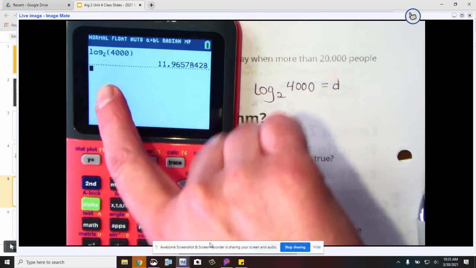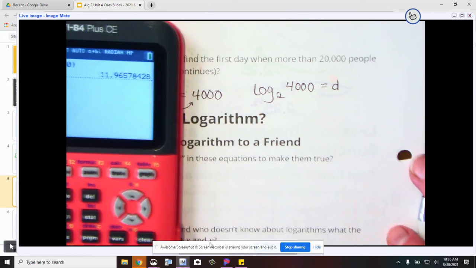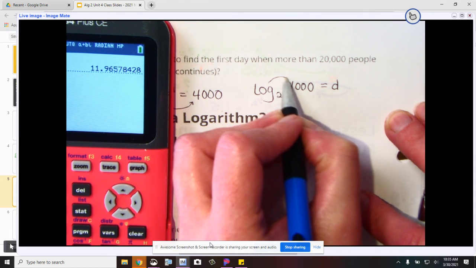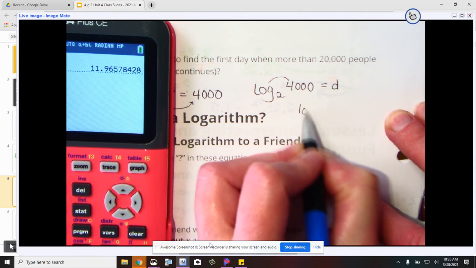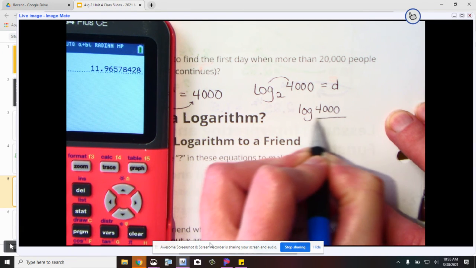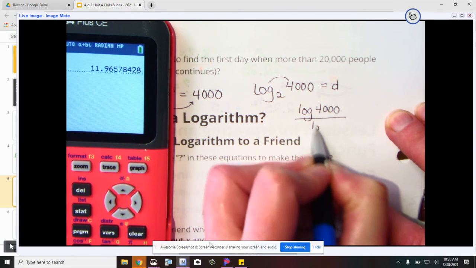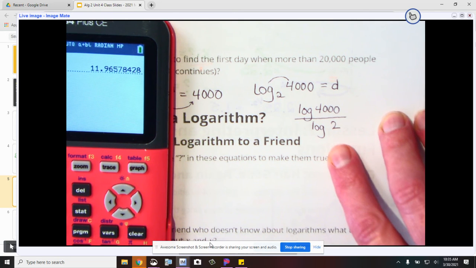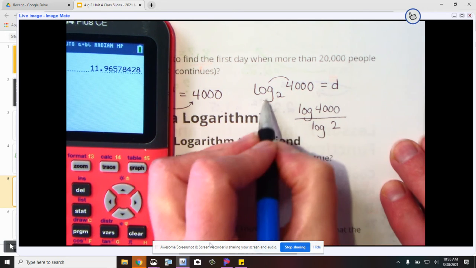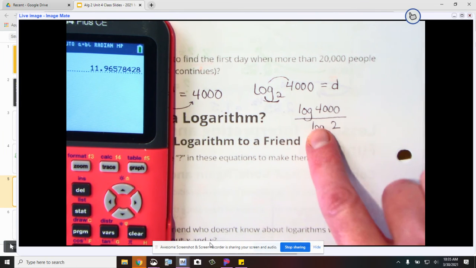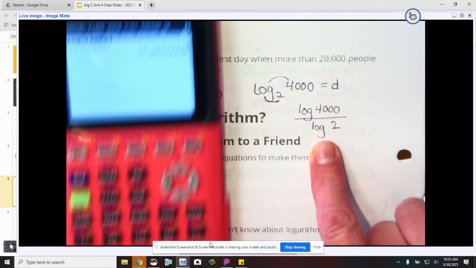Now, if you don't have a graphing calculator or something that doesn't do a log base, I want to also get you in the practice that we could type it in as log 4,000 divided by log 2. It's like distributing the log, but we'd have to do some division to make that happen.